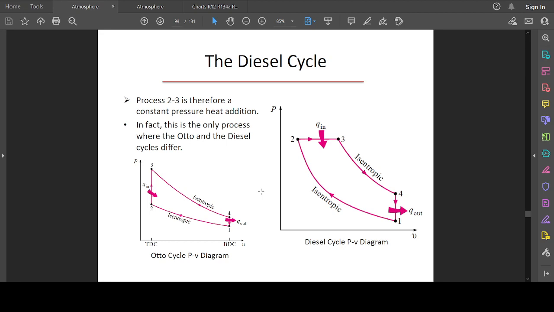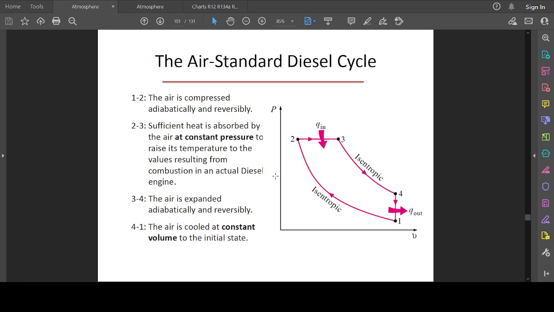In fact, this is the only process where the Otto and the diesel engine are totally different, the heat addition process, as you can see in their PV diagrams. The remaining three processes, which is here, there, and there, are identical for both ideal cycles. So the air is compressed adiabatically and reversibly from 1 to 2.